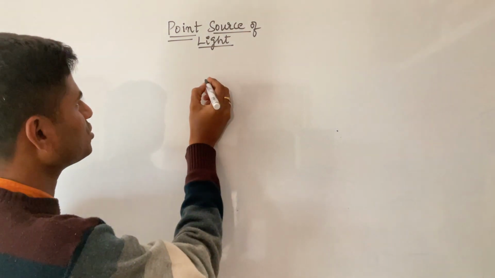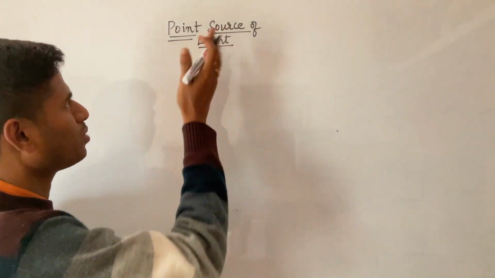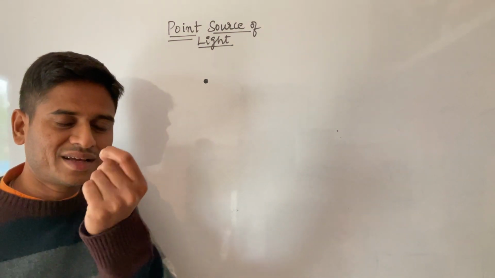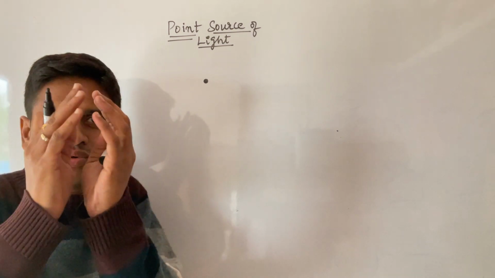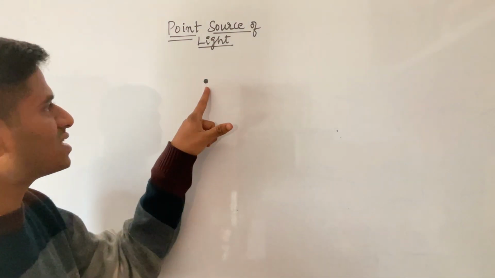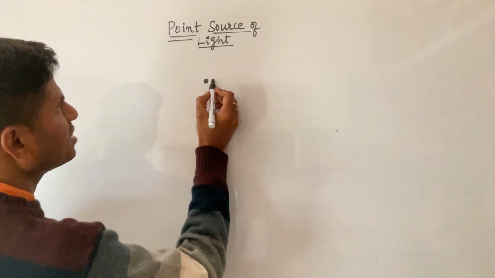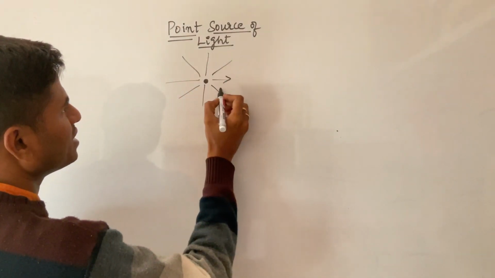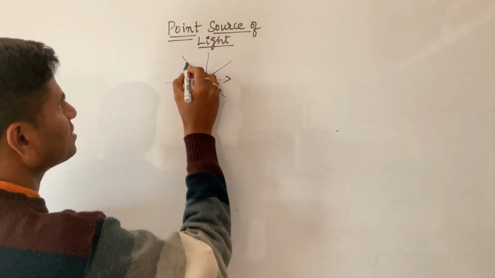It is so small, point size. A point size source of light is going to give out light energy in all directions equally. So if I consider this to be a point source of light, it's going to give light in all directions. Is it not true?